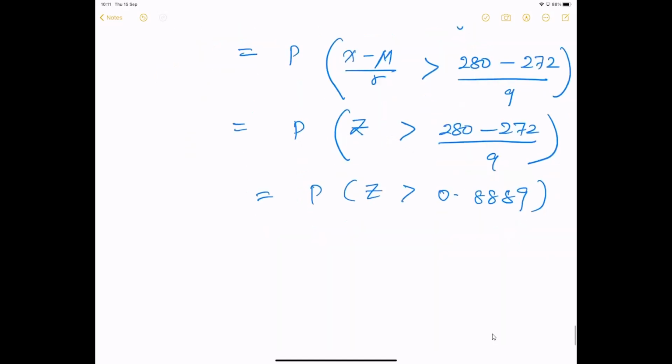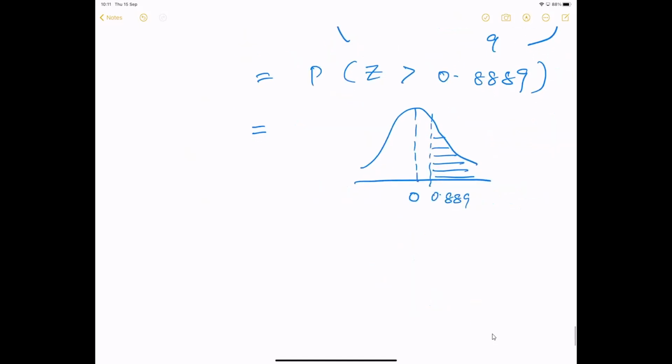Therefore, if we use a diagram, this one is 0, and this one is 0.88 something. We have to find this area, as I mentioned earlier.